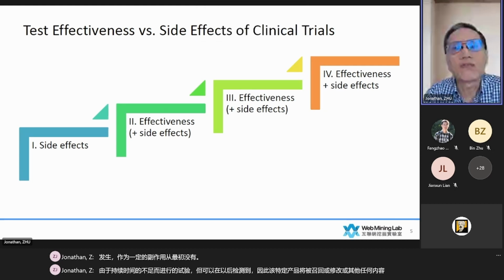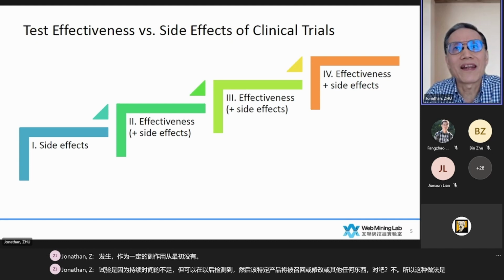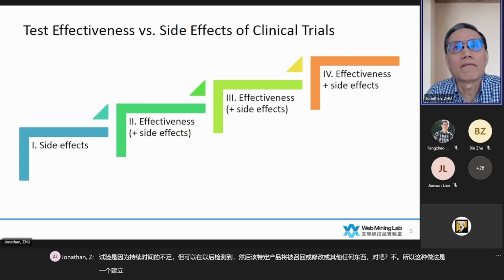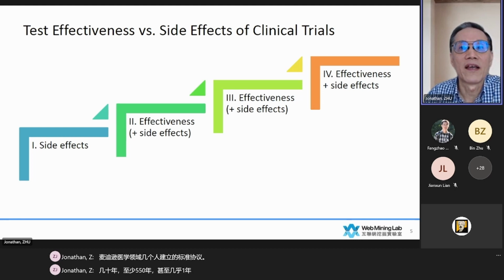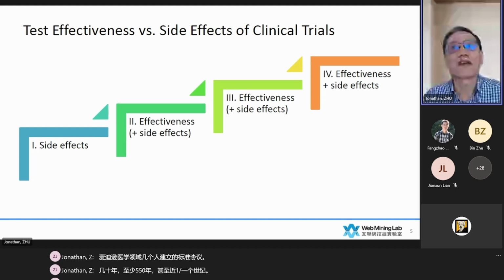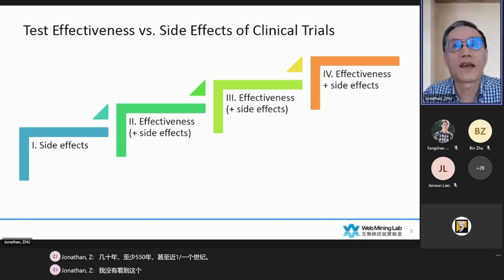Now, this practice is an established standard protocol in the medical field for several decades, at least 50 years, or even almost over a century. And I don't see this is the case in AI.